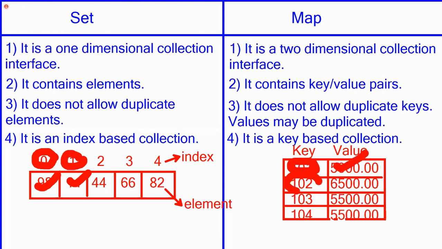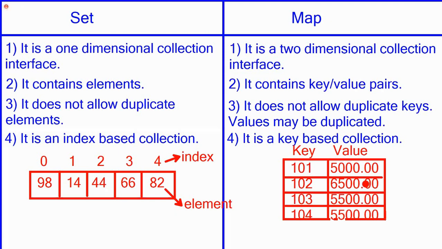Suppose now, one-dimensional, two-dimensional. Employee number and salary, I want to maintain. Then which one? Map. Is the employee number key or value? Employee number is key. Salary may be the same for some people, but employee number will be unique, no? So employee number is key, salary is value.